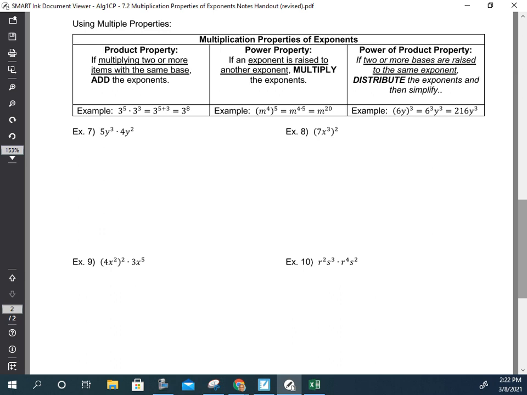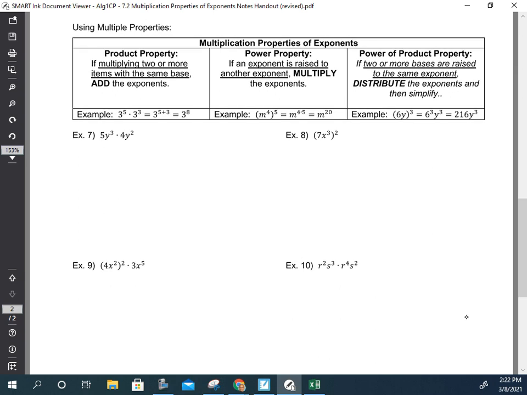Let's flip the page. Okay, so now we're going to use more than one property. Those are basic properties by themselves. If you can do the property by itself, that's good enough for a D. That's basic understanding.